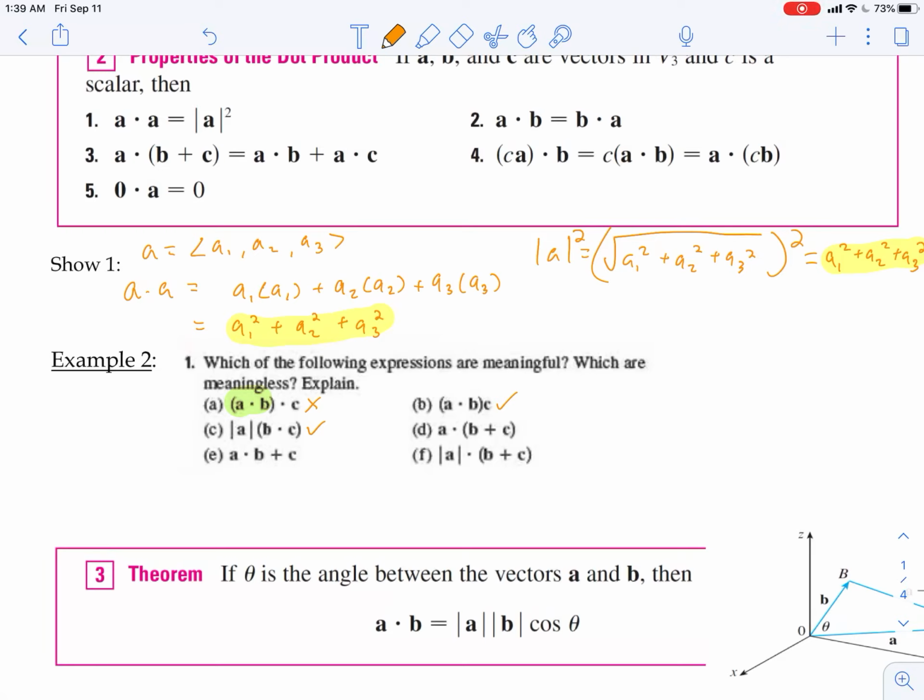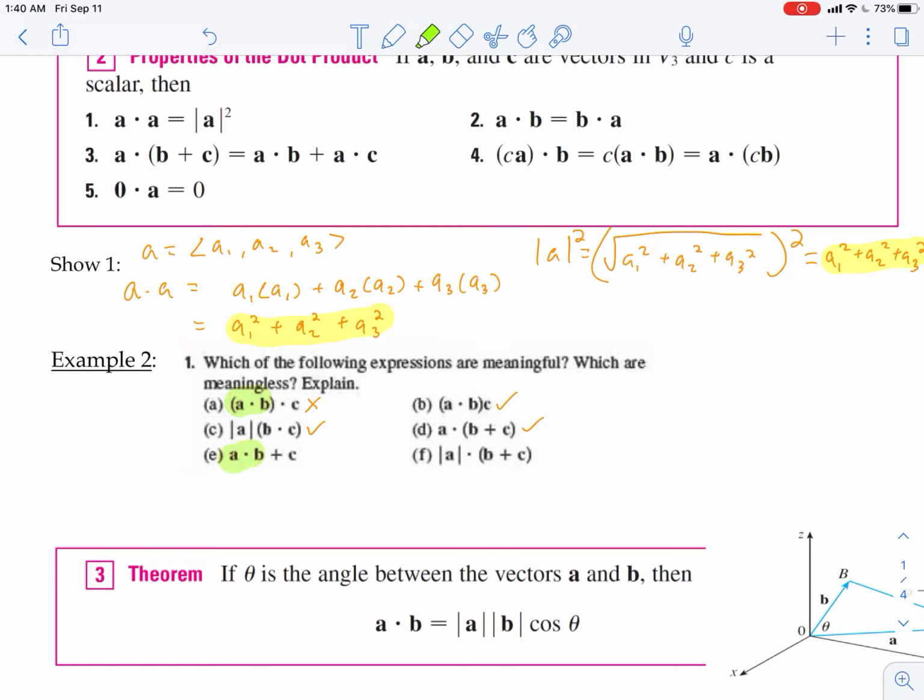For D, we have a dot product of A and the sum of two vectors. We know that the sum of two vectors is still going to produce a vector. And because the sum of two vectors is a vector, I'm allowed to do the dot product of A and B plus C. So that is meaningful. For E, we have a dot product of A and B. That will give us a scalar.